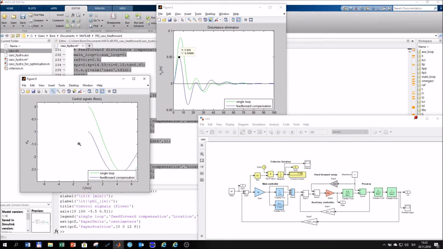We can observe that the starting value in the case of single loop control is 0, but in the case of feed-forward compensation, the starting value is -1. And this value is just the same as the value in the steady state. So with this effect, we significantly improved the elimination of the disturbance.